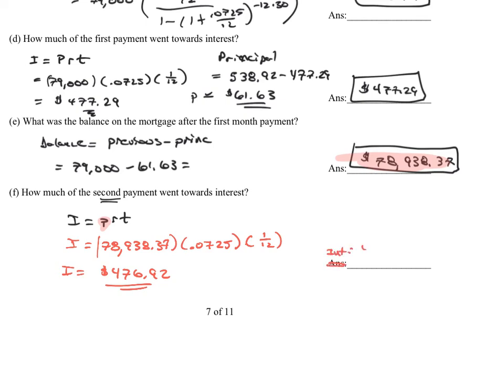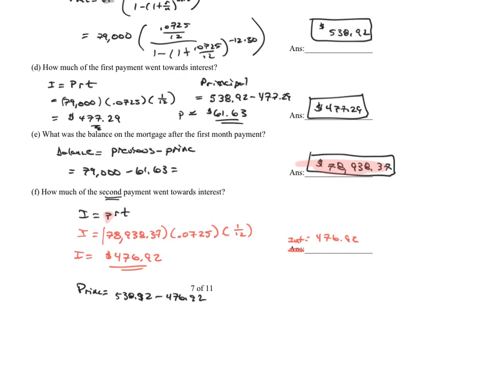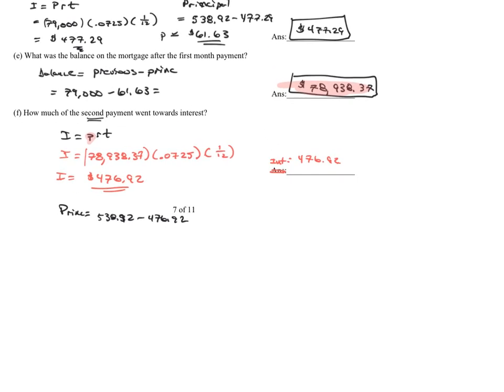So the interest was $476.92. If you go back to the original question, it also wanted to know how much went towards principal. To calculate that, I take my total payment of $538.92 and subtract off the amount that goes towards interest, $476.92, and that gives me the amount that went towards principal.